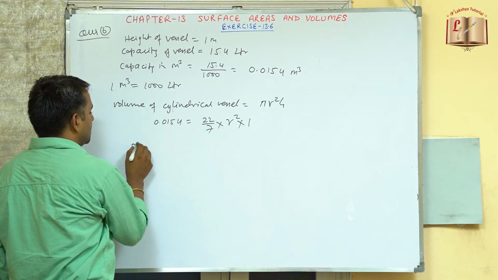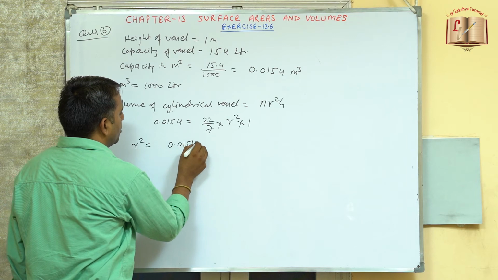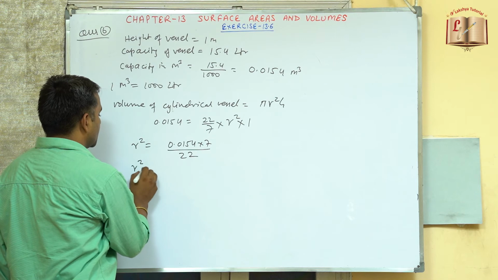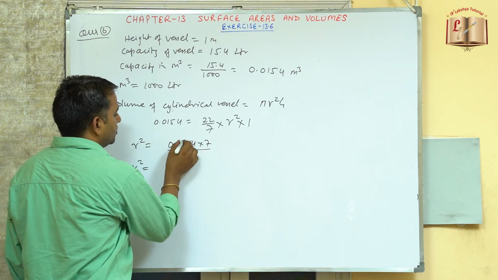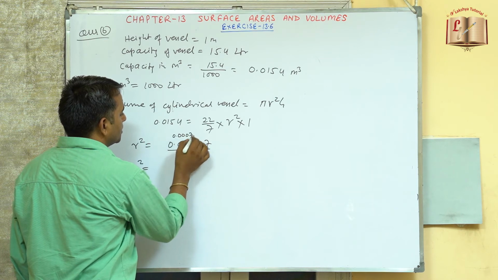So r square is equal to 0.0154 into 7 divided by 22. So r square will be equal to, if we divide 22, this will be 0.0007.